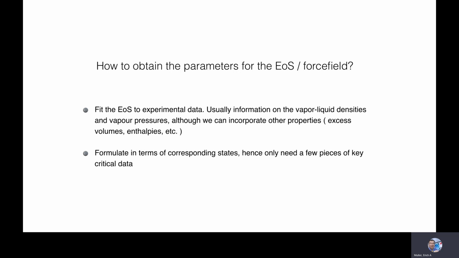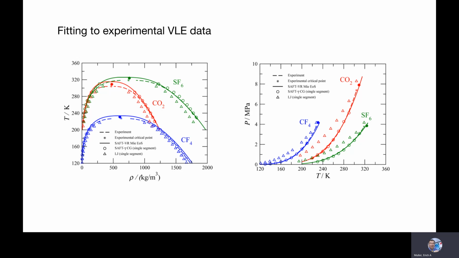Another way to do that, and we'll discuss that later, is to formulate this in terms of corresponding states, in which case we would need even less data. If we use experimental data, here's an example of the type of fits that we can obtain. These are three components which are not trivial to model. In triangles, you see the attempt to model this using the Lennard-Jones model.